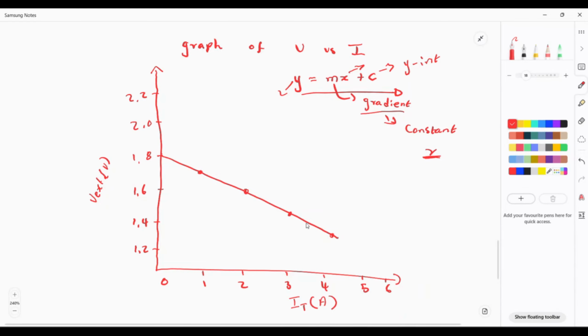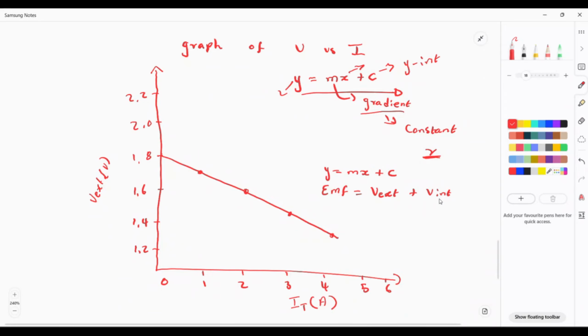Well, let me do this. I'm using the same straight line equation, y is equal to mx plus c, and this is going to be my EMF is equal to V external plus V internal. So what am I saying?